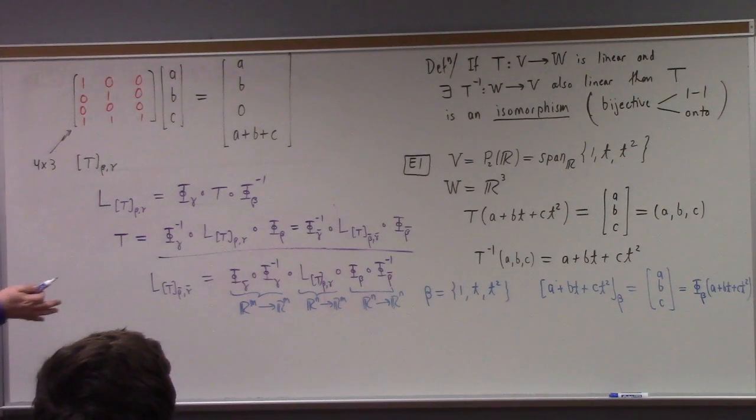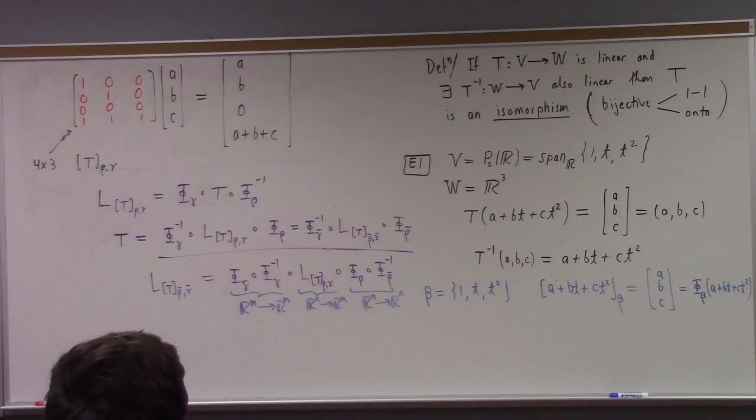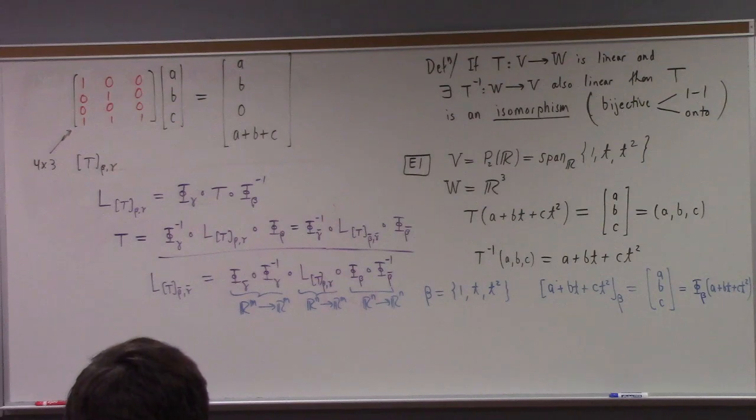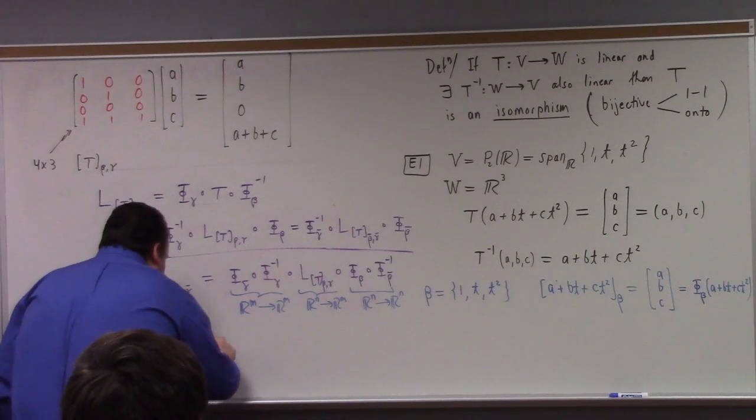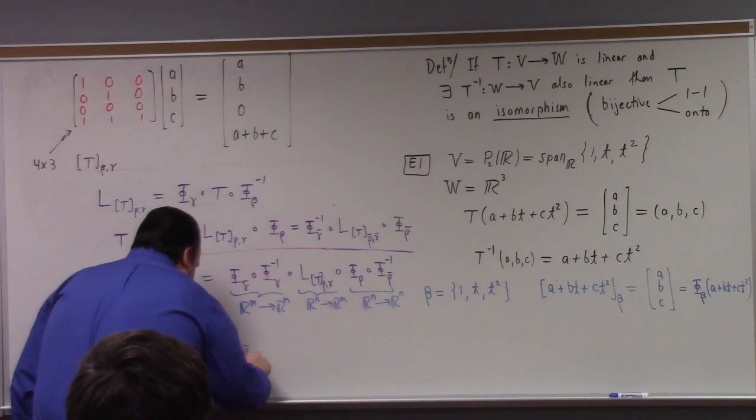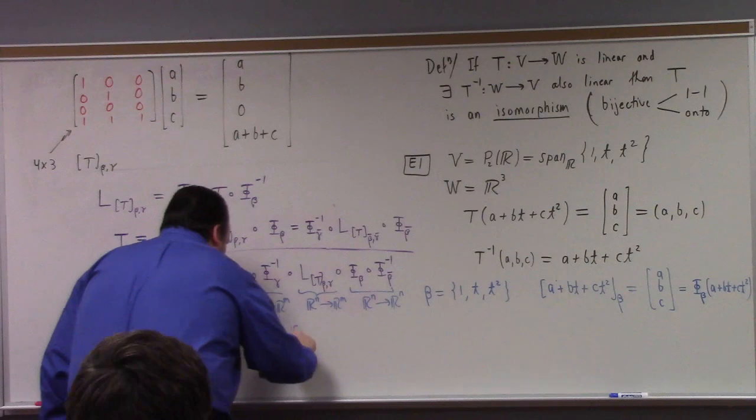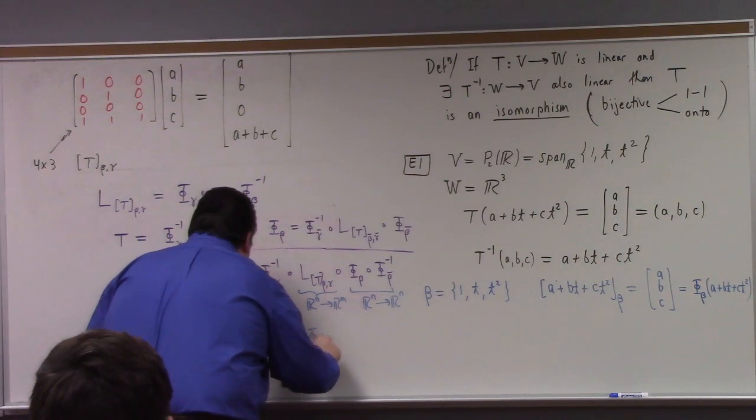And as such, we can apply the theorem that we have from 221 that the matrix of the composite of linear transformations on Rn is the product of the standard matrices of the transformations being composed. In short, it gives me this rule. The matrix with respect to a different choice of basis is equal to the matrix of this animal.